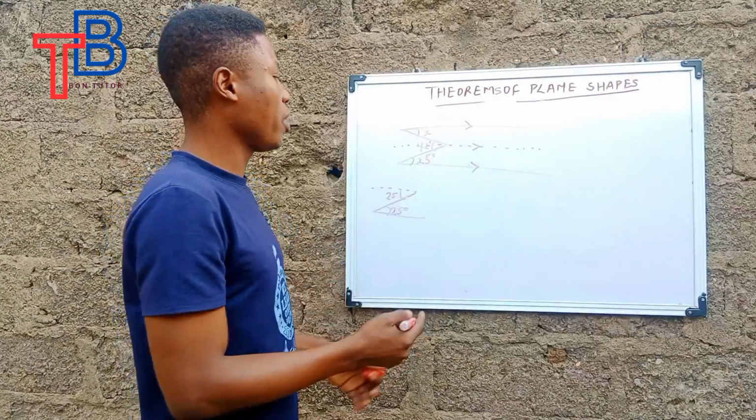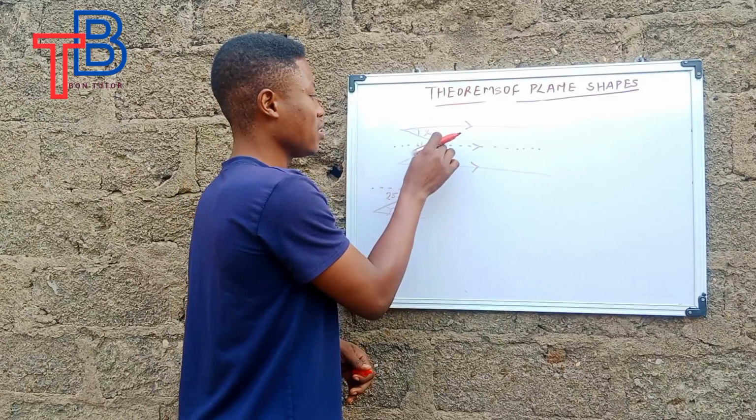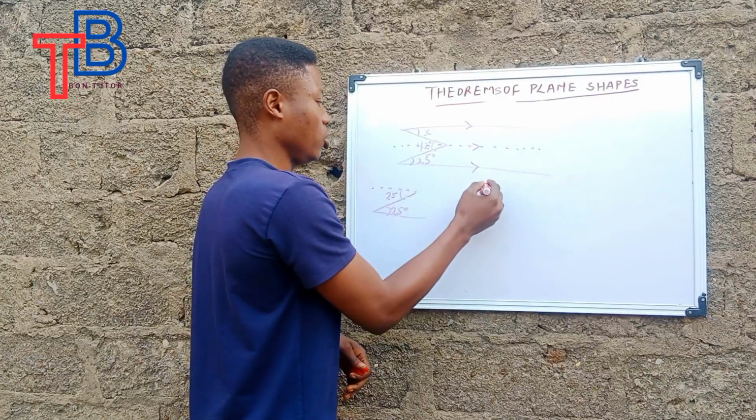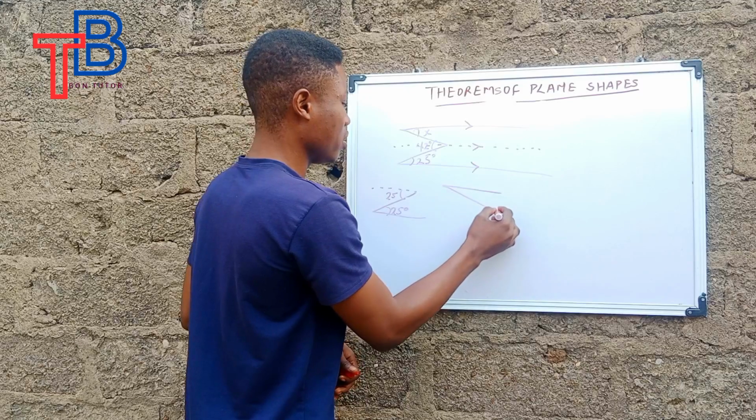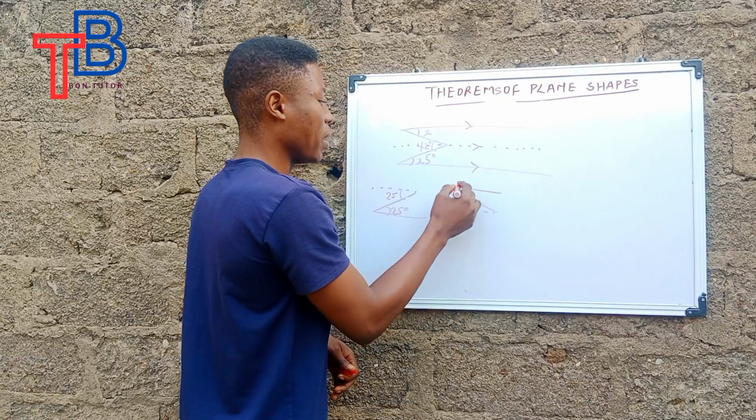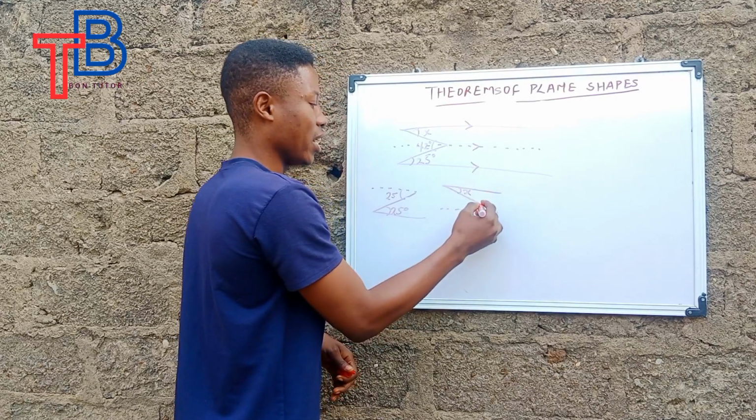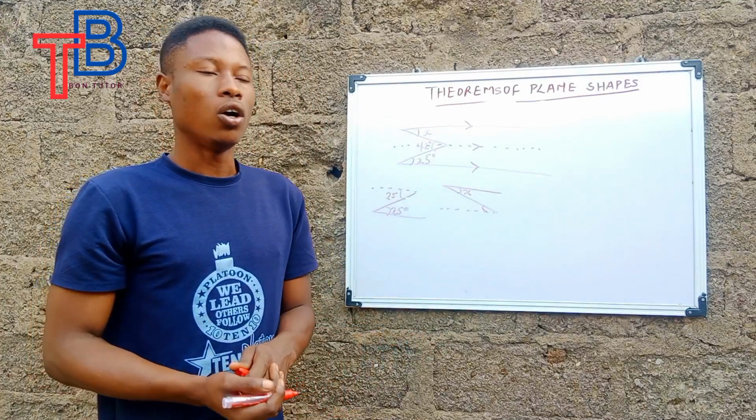And coming up here also, you will notice that this line still forms another Z shape with this one, and it is like this, whereby here is X and here also is still unknown.